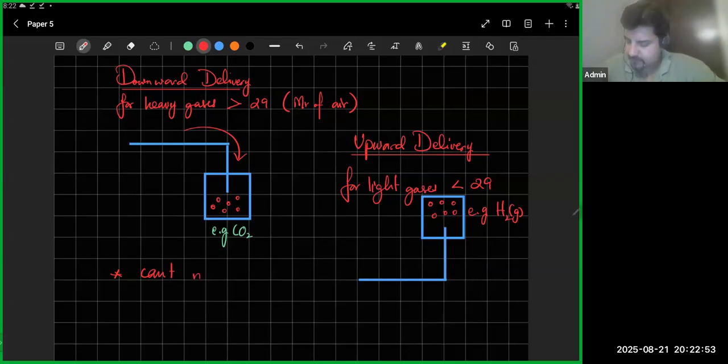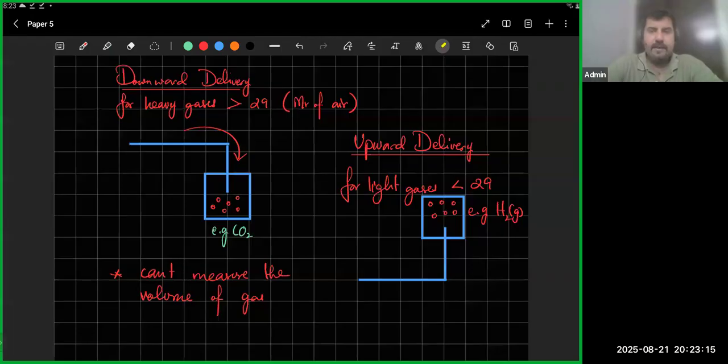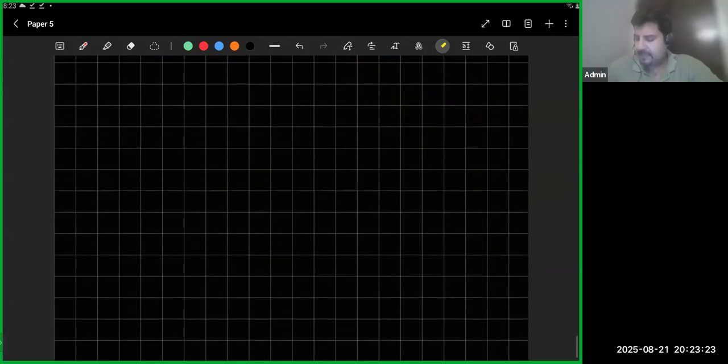So you can't measure the volume, especially if it's an invisible gas. So you can't really see what the displacement is. I mean, it's going to be completely invisible to you. So if it's completely invisible, there's no way you can actually collect the gas that's going to be present because you can't see it. Okay, so that's for collecting gases.